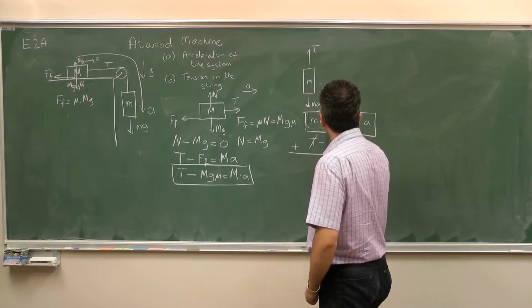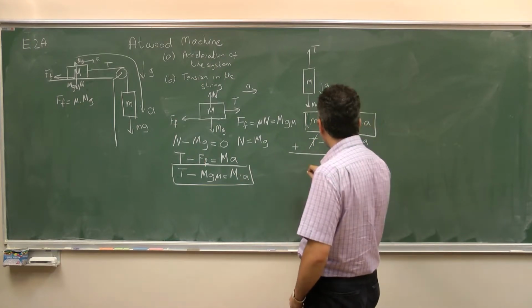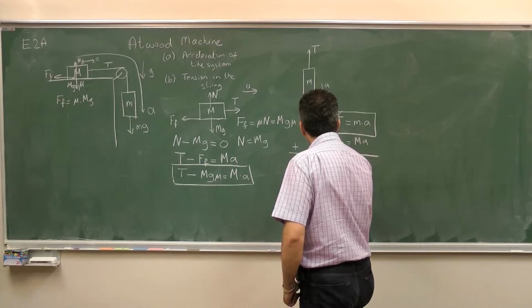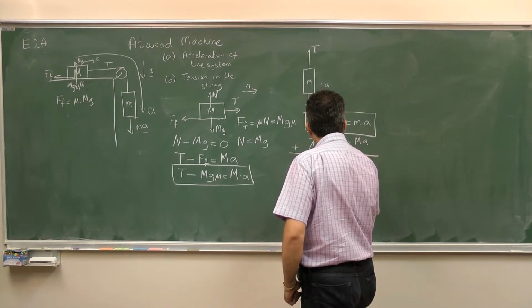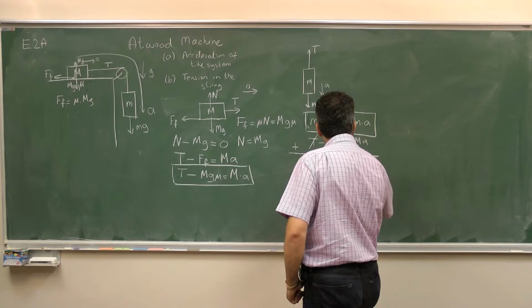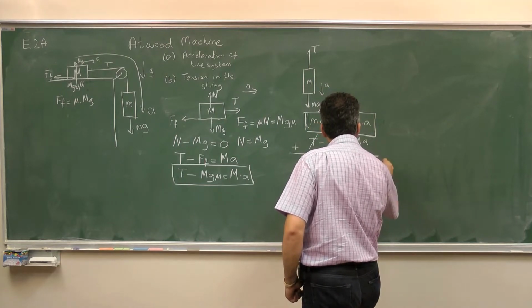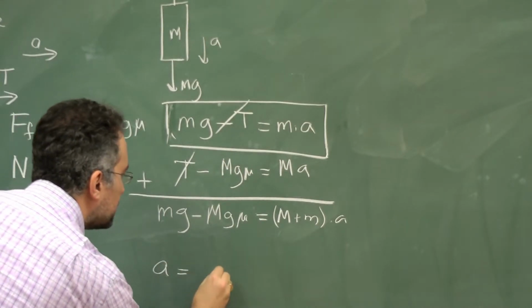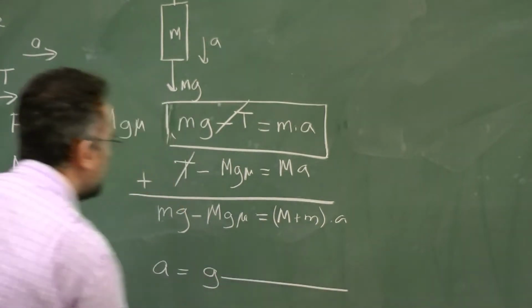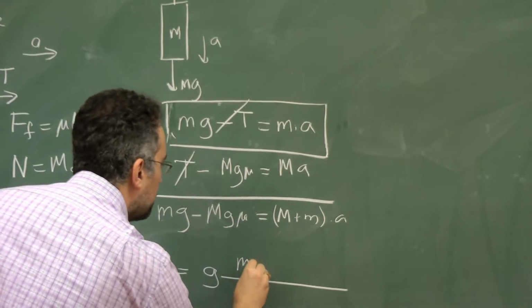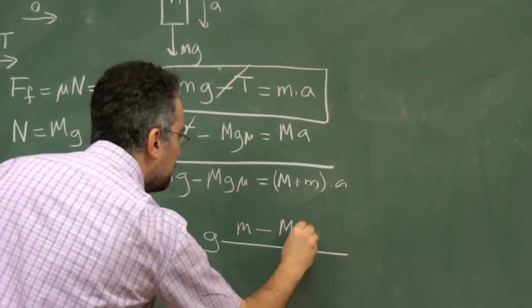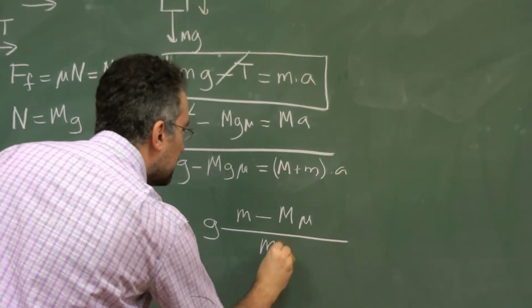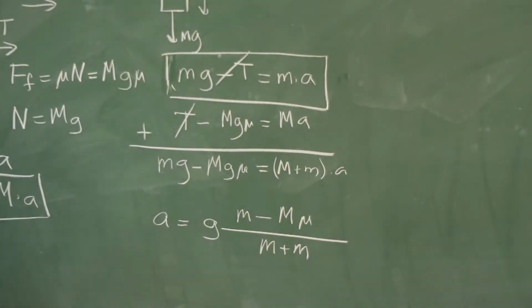Yay. Cancel T's. Then I get mg minus mg mu equals m plus M times A. And A equals, again, g times little m minus capital M mu over m plus M. Not very surprising. The same answer as last time.